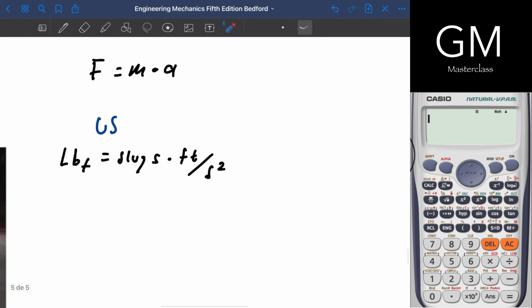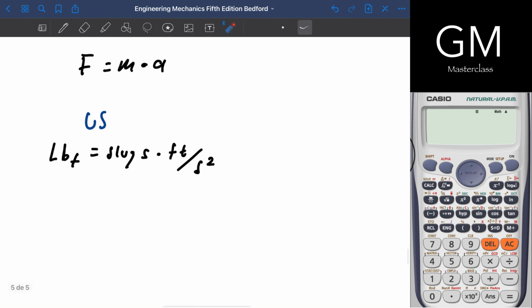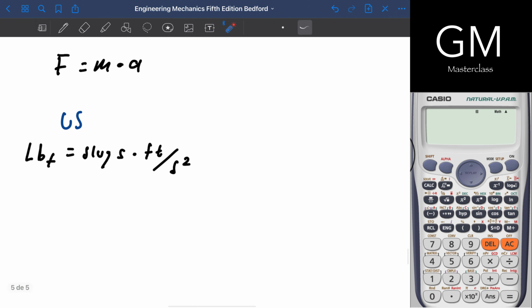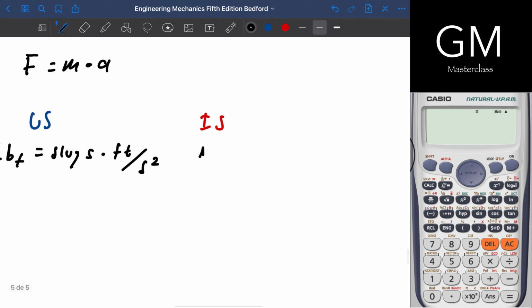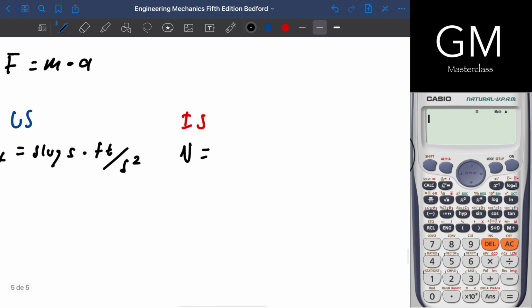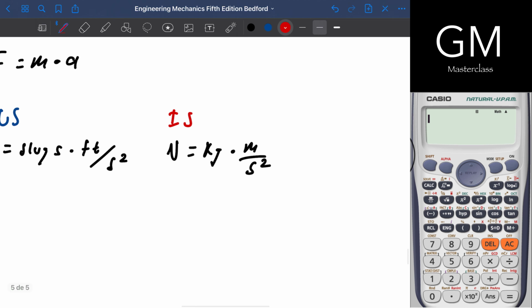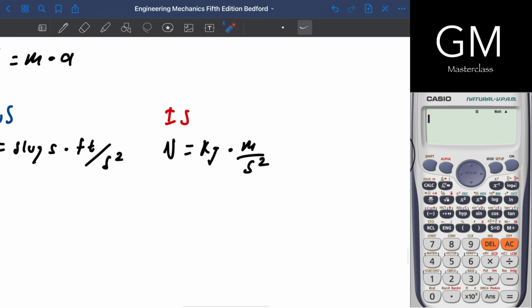So you can notice here that the slugs are going to be the mass units and the acceleration units will be the feet per square seconds. Then in the international system of units, we will have newtons, which are equal to kilograms multiplied by meters per square seconds.